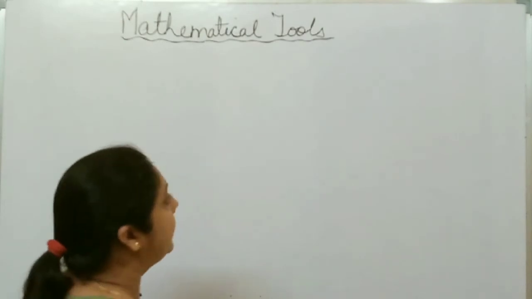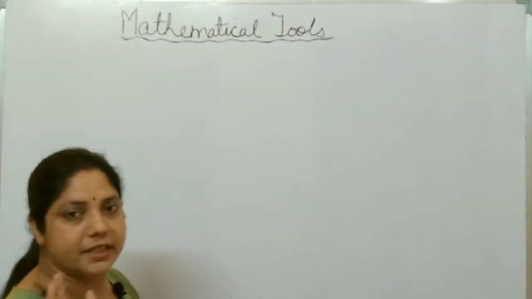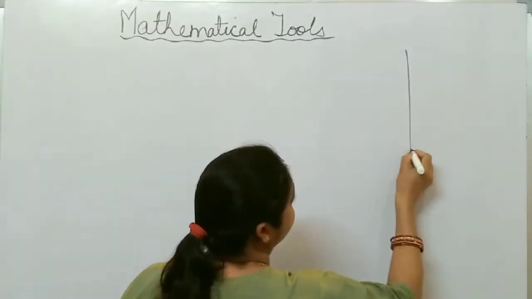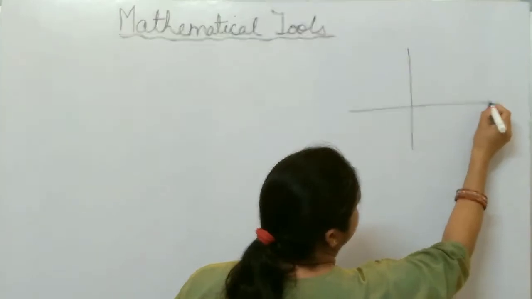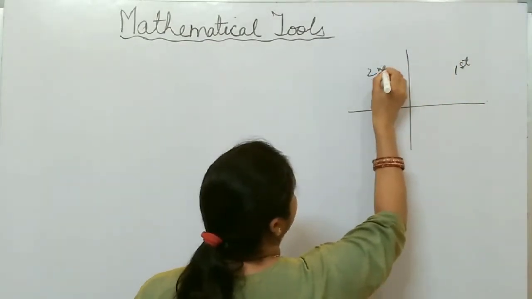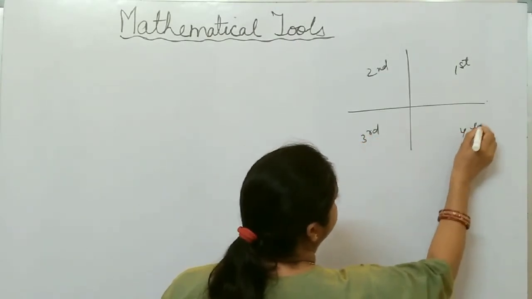Okay. In trigonometry, trigonometric ratios, we already discussed all these things. But there are 4 quadrants, right? This one is the first quadrant, this one is the second quadrant, this one third, and this one the fourth quadrant, right?